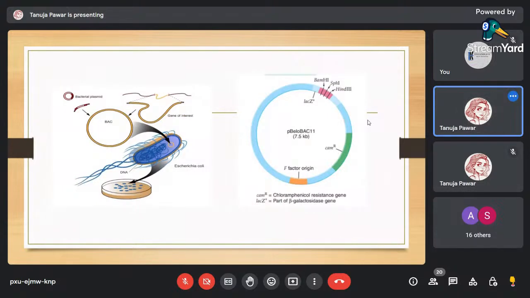So, I would like to explain it with the help of this diagram.